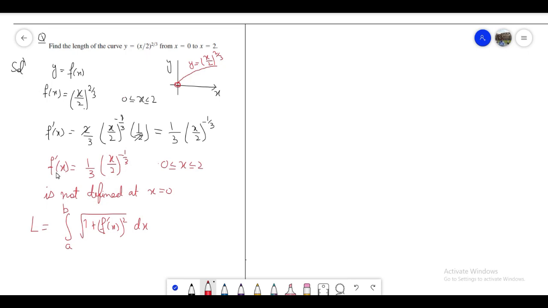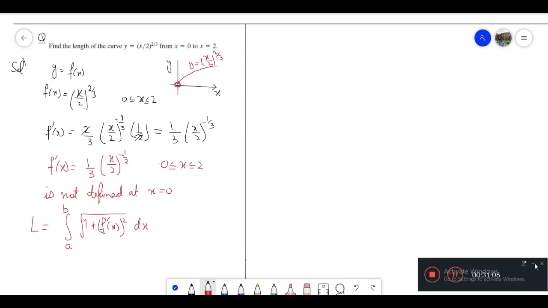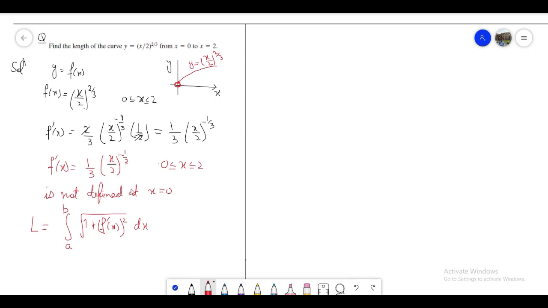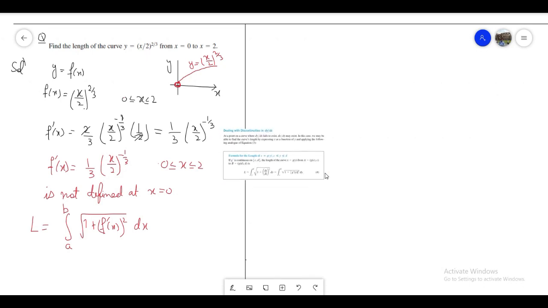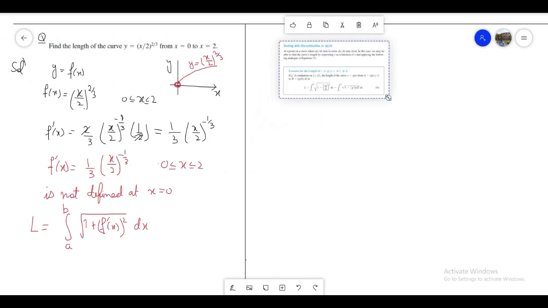Once the derivative does not exist, this means that we have a discontinuity or an abrupt change, or you can say that the function is not defined at one endpoint of the interval. At x is equal to 0, this is not defined. For this we will discuss its discontinuity at x is equal to 0. For this we will have a little modification, which is like this.